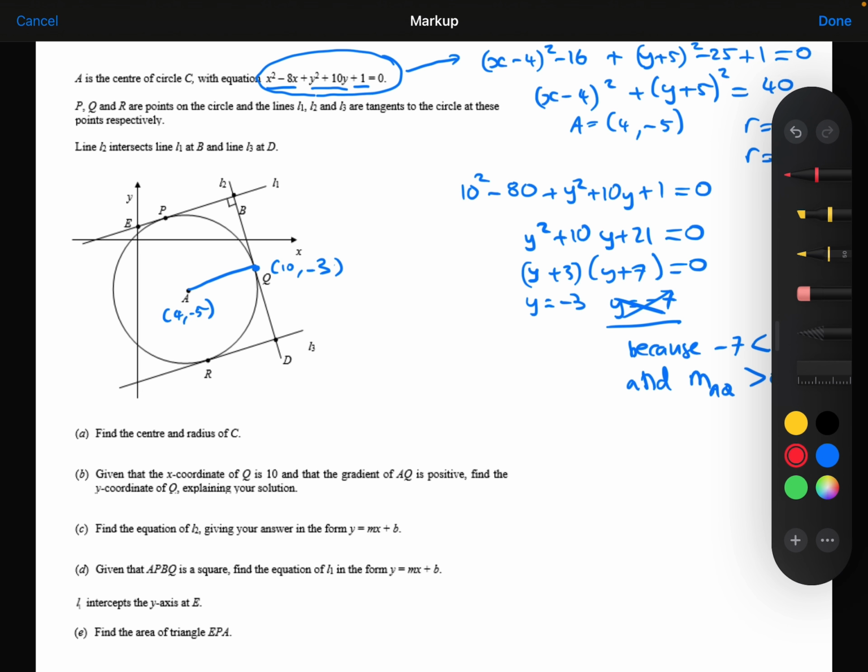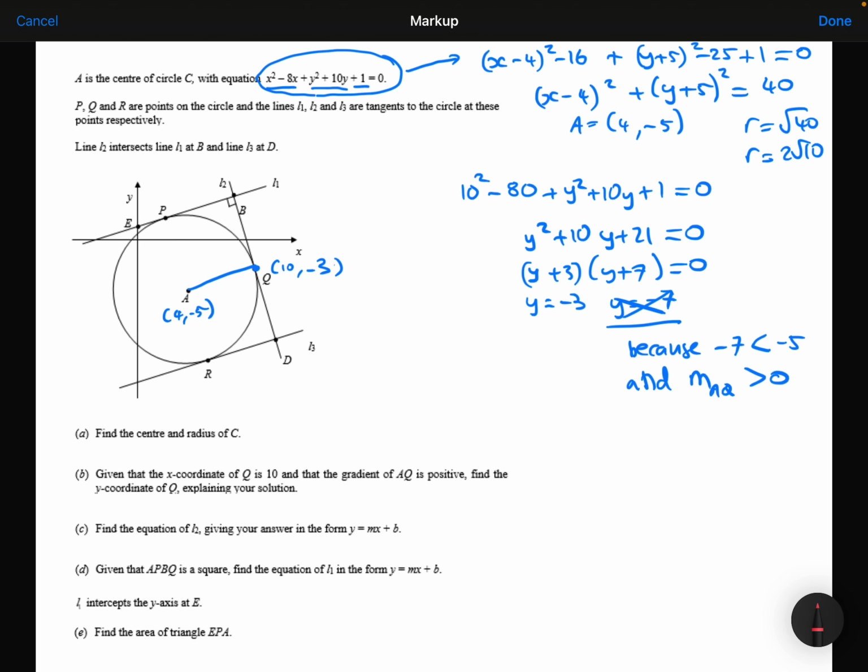Right, part C of this question. Find the equation of the line L2. So the equation of this line here, which remember is a tangent to the circle at point Q, so I know it's perpendicular to AQ. So if I work out the gradient of AQ, which is the change in the y, so minus 3 minus 5 divided by 10 minus 4.